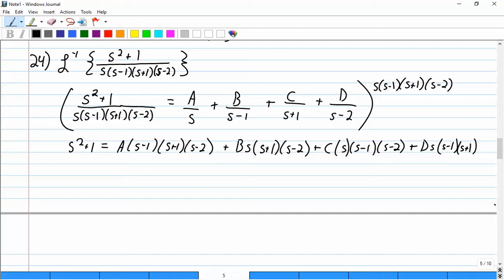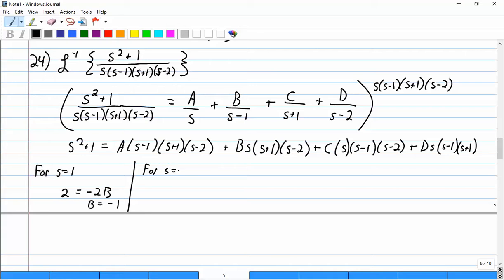All right, so actually it's really, really easy. You just need to pick the right numbers. So for s equals 1, we're going to have 1 squared plus 1, so that's 2. And the 1 makes a, c, and d 0. So 1 times 2 times negative 1, that's negative 2, so b equals negative 1.